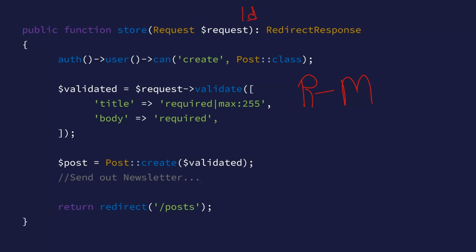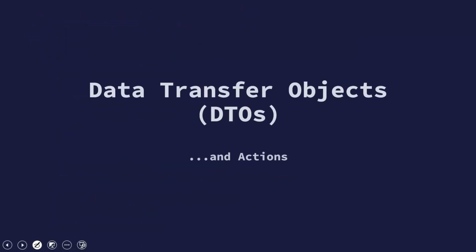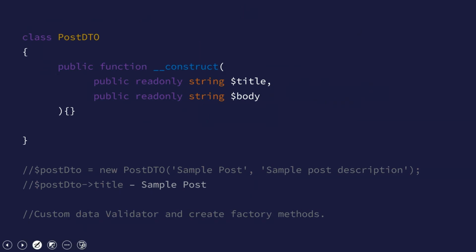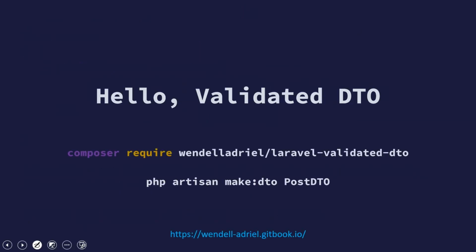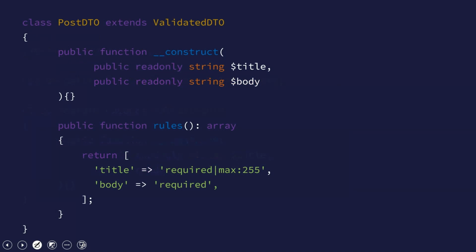Now, if you're asking about the validation inside this DTO validation, inside here, the validated DTOs, you are able to say, for example, if this is supposed to be unique, and then you need to ignore the one that was submitted. For example, if you are updating, you need to ignore the current one.